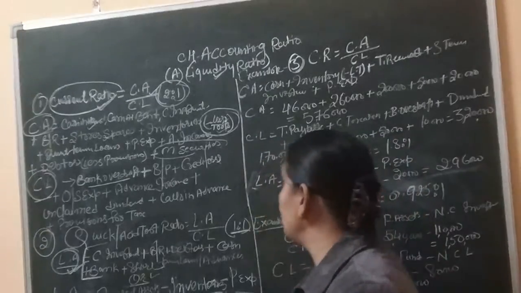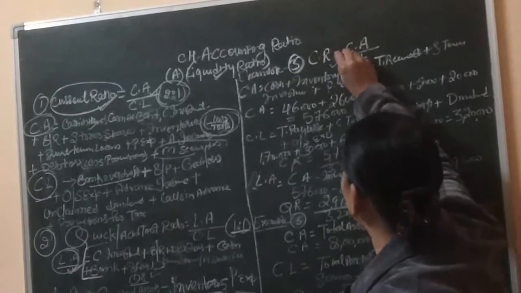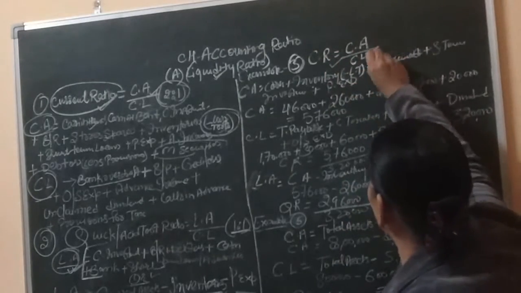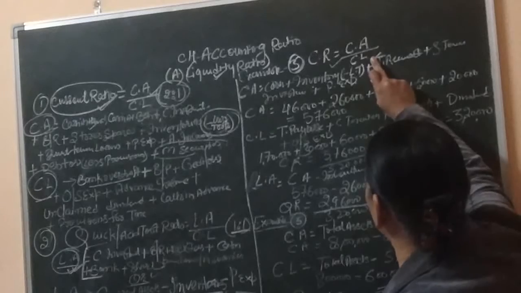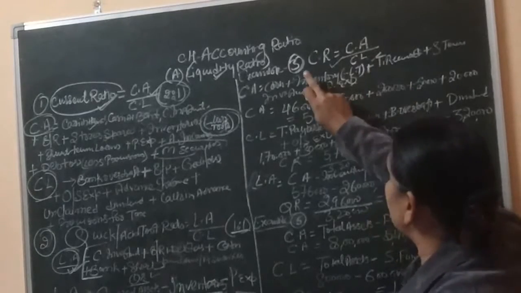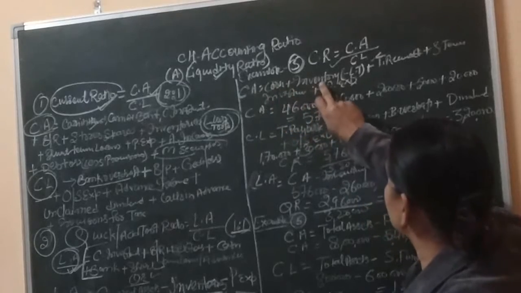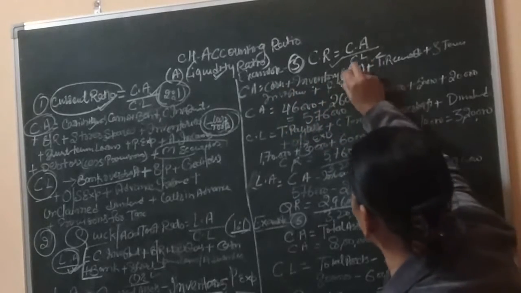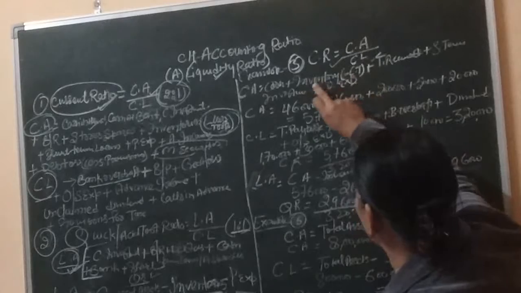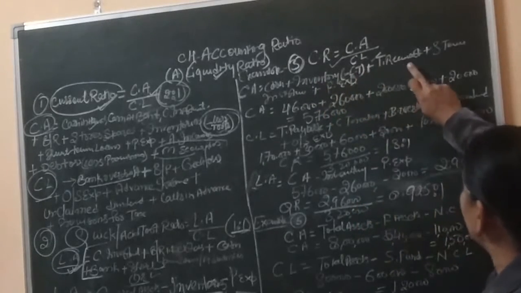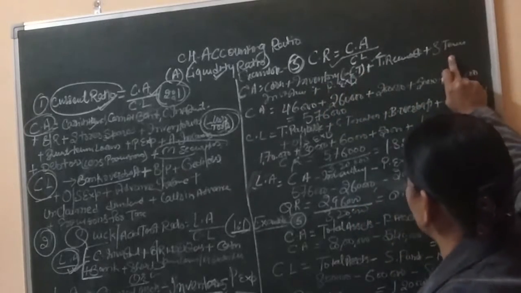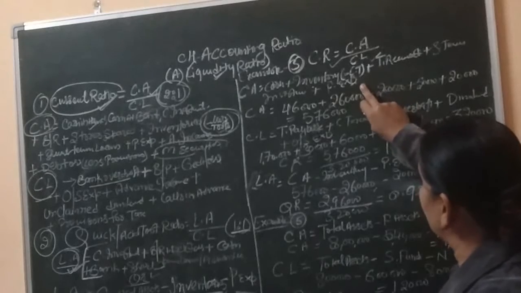So first of all, the formula of current ratio is current assets upon current liability. And in example number 3, current assets can be found out as cash plus इन्वेंट्री. इन्वेंट्री में से बेटे लूज टूल्स माइनस कर देंगे, इन्वेंट्री एक्सक्लूडिंग लूज टूल्स प्लस ट्रेड रिसीवेबल प्लस शॉर्ट टर्म इन्वेस्टमेंट प्लस प्रीपेड एक्सपेंसेस.